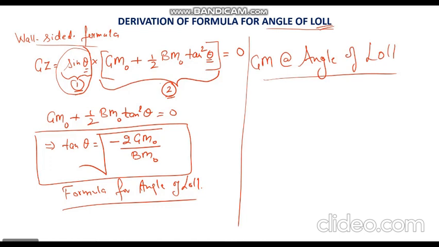Okay. GM at angle of loll. Now that is why I corrected your definition of the angle of loll. Had we not corrected it, everybody would have said, what are you talking, sir? GM is 0. But now, having discussed the concept of angle of loll, linking it to GZ, we all saw that G can move and come above M, and you will have a positive GM at the angle of loll.